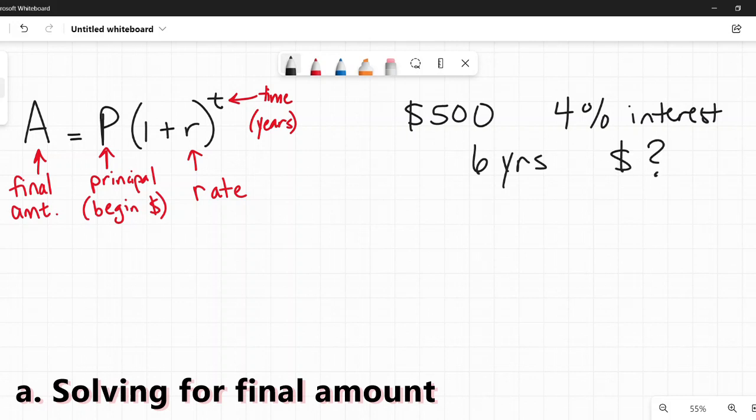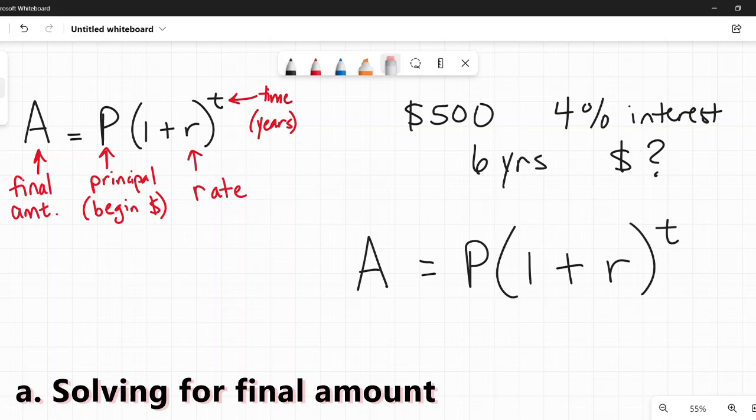Okay, so let's put each of these numbers into this formula piece by piece and let's see what's missing. Okay, so here is my formula. What am I given? Well, I'm told how much money was put into the account. That's $500. So that is my principal, $500.